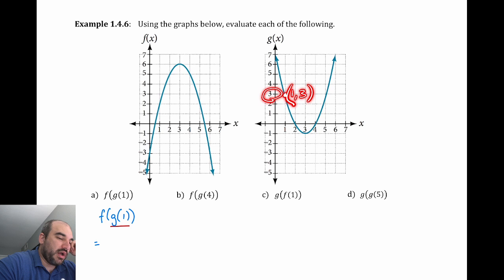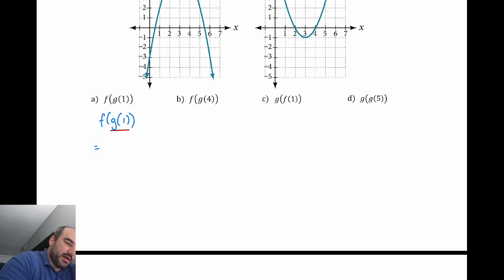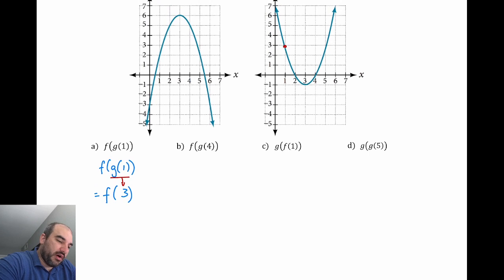So when x is 1, g of x is equal to 3. So we'll replace this g of 1 with a 3, just using this point on the graph. If you want, put a point on the graph to remember where you got that from, 1 comma 3.